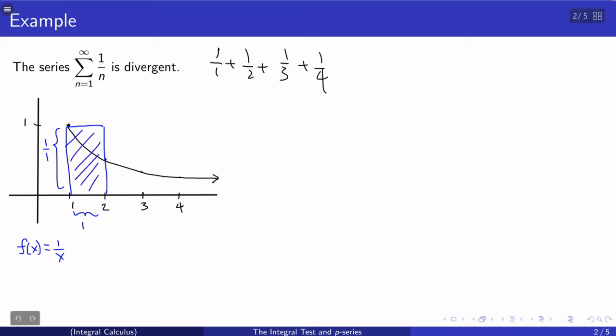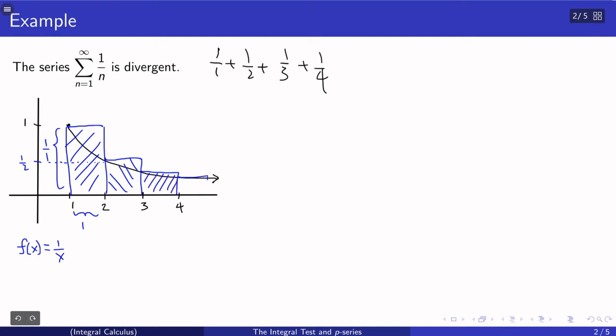So 1/2 is the area of this rectangle. Again, it has width 1, and the height, we're using the what? The left endpoint here, right? And the left endpoint is f of 2, which is 1/2. And we can continue. The area of this rectangle is 1 over 3.